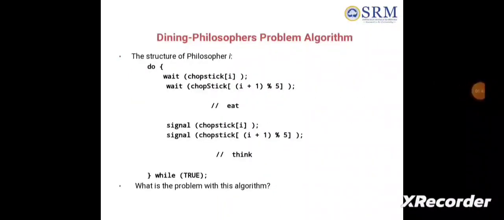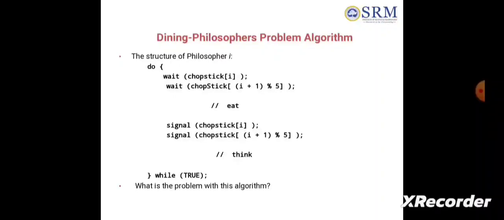So according to the algorithm, a philosopher will enter into the eating state only if he gains both his left and right chopstick. This is what is shown in the code. Both chopstick i and i plus 1 are taken by the philosopher to enter into the eating state, whereas the neighboring philosophers have to wait to acquire the other chopstick.